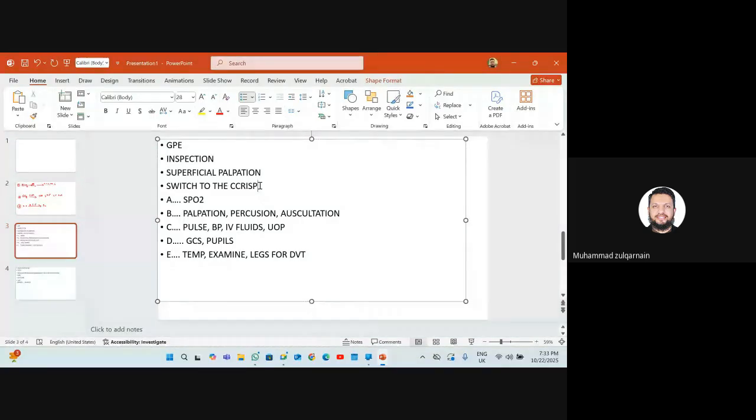And I want to take bloods for this, including ABGs. So this is your first case for the CCRISP. I don't think I am left with anything here.